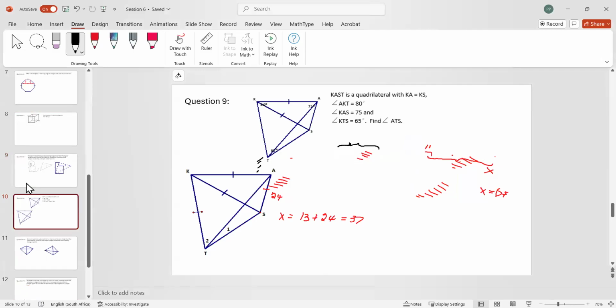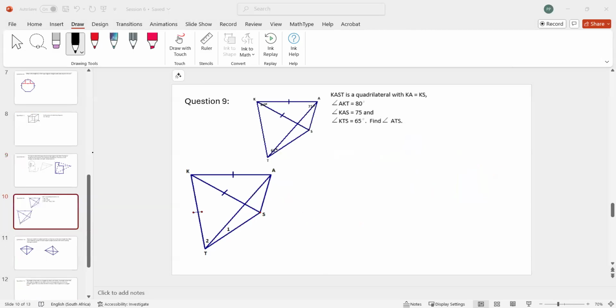The next problem is the following. KAST is a quadrilateral with KA equal to KS. KA equals KS. Okay, so I've drawn KA equal to KS. Angle AKT is 80 degrees. AKT. Okay, immediately I can see this whole angle is 80 degrees, right?